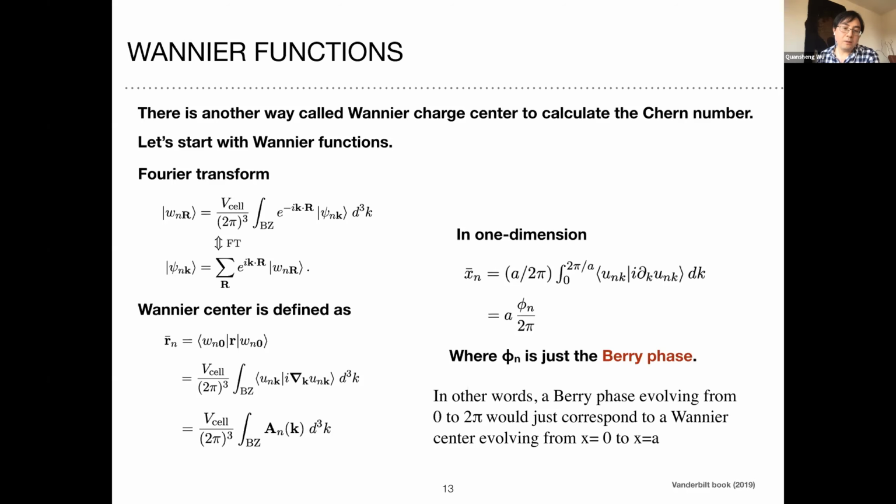And by some mathematical calculations, you will find that the Wannier center is just the integral of the Berry connection in the Brillouin zone.